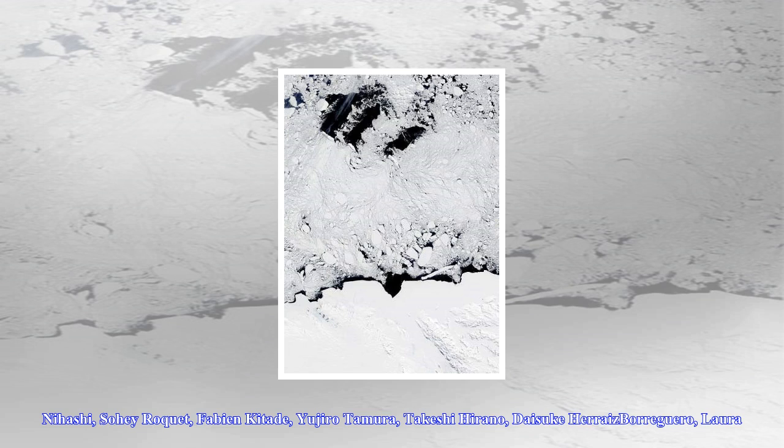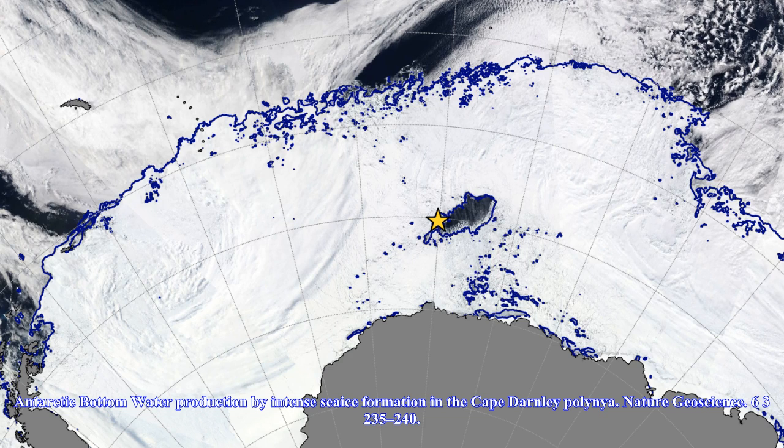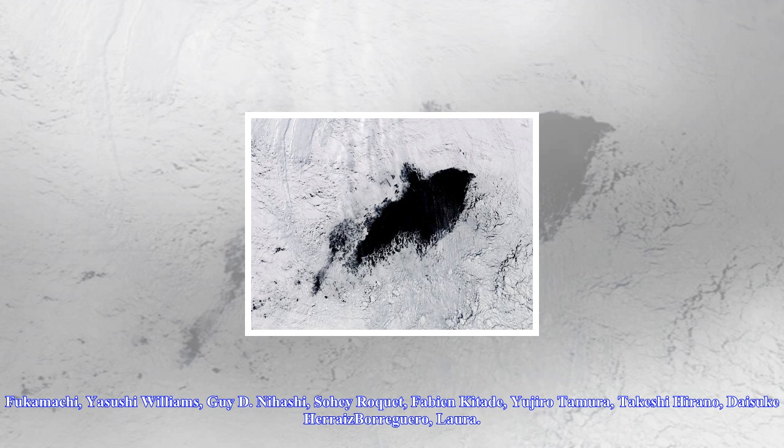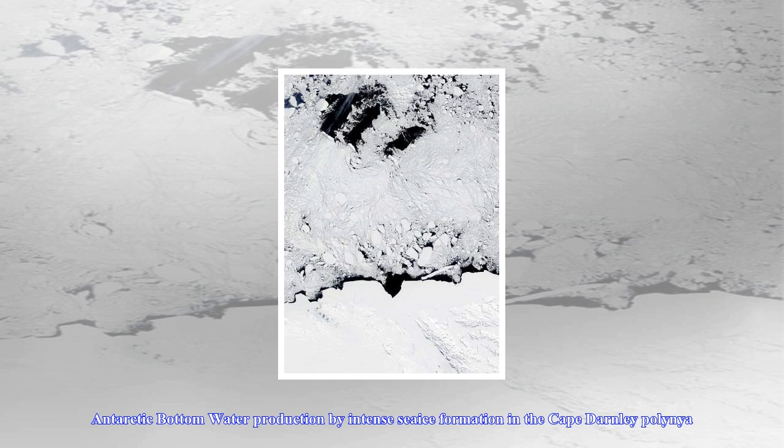Tamura, Takeshi, Ohshima, Kay, Nihashi, Sohey, 2008. Mapping of sea ice production for Antarctic coastal polynyas. Geophysical Research Letters, 35(7), L07606. doi:10.1029/2007GL032903. Ohshima, Kay and others.